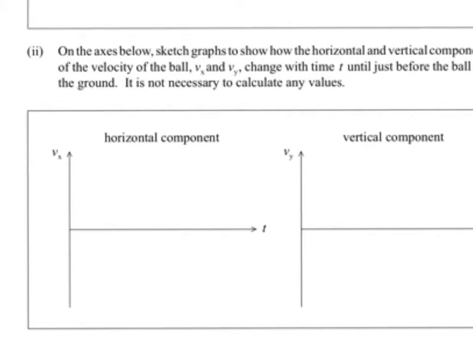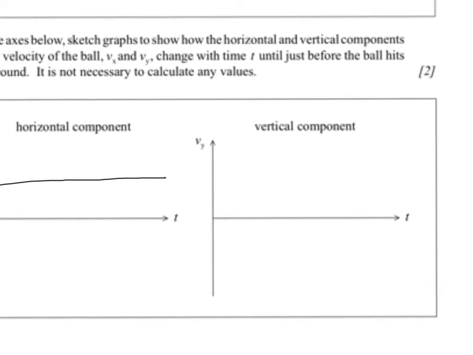It's initially 5 meters per second, and because there's no acceleration, the velocity is going to remain at 5 meters per second. So we can simply draw a horizontal line to represent that as time progresses, the velocity in the x will remain at 5 meters per second.